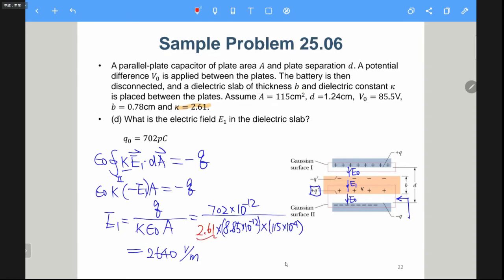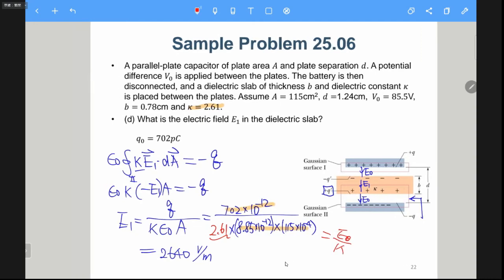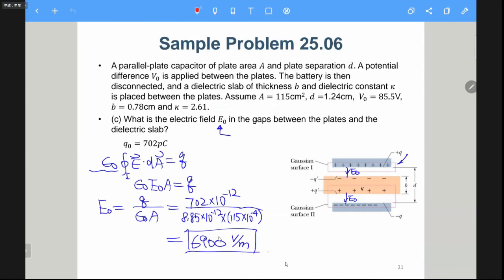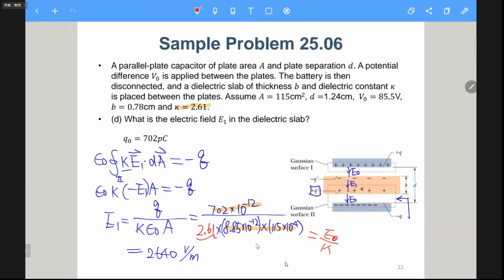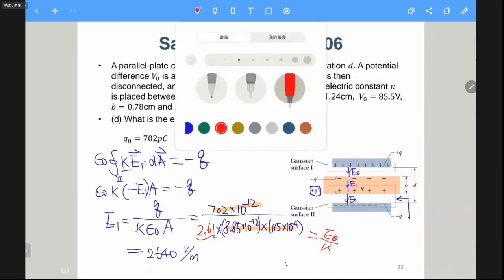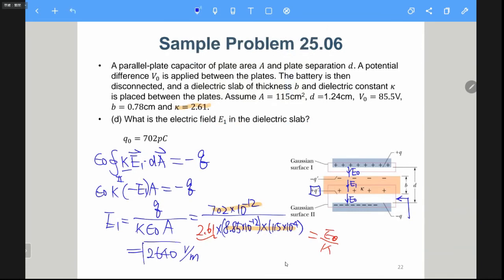So actually this part is E0 over kappa, which is 6900 over 2.61, which is this value. Okay.